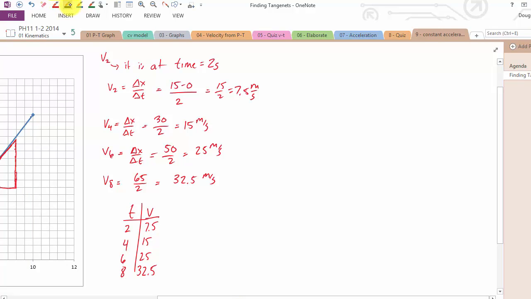If we were to hand graph this, we could get the same sort of result. That's a velocity time graph: velocity equals 4.1 t, and that slope is equal to acceleration.